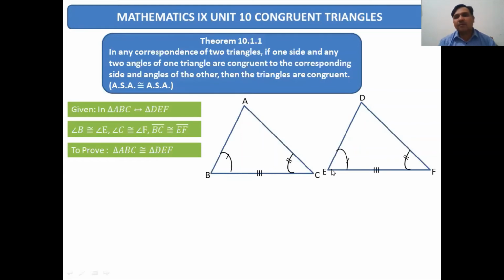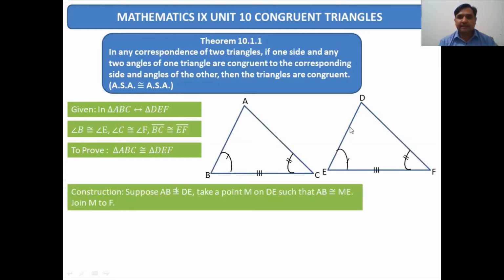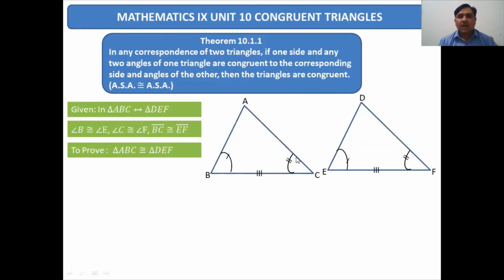So let's take a point on this side DE, that we take a point M on this side, such that this point M is on side DE, such that ME is congruent with AB.